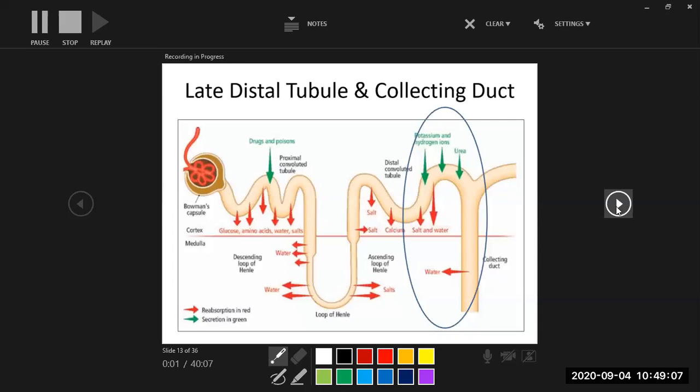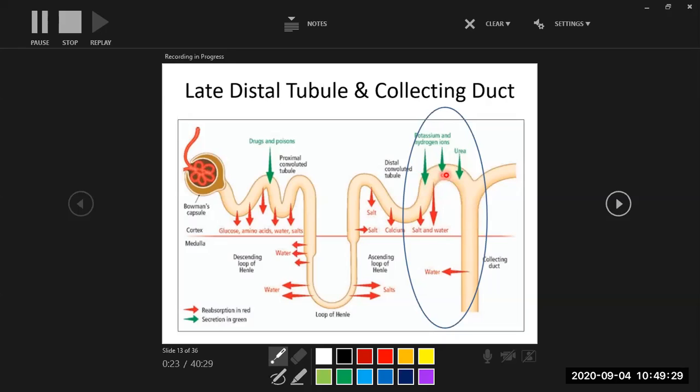So why is the thiazide leading to the hypokalemia? That's because here is where we have this sodium reabsorption in the distal convoluted tubule. But very quickly, the next segment is the collecting tubule and the collecting ducts.